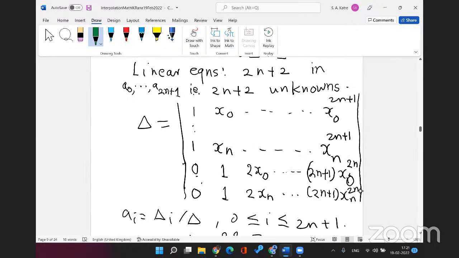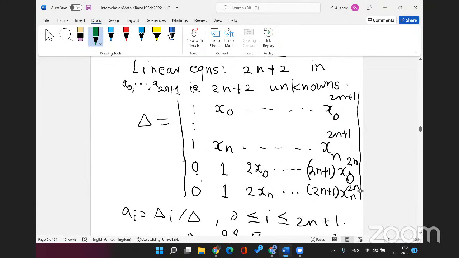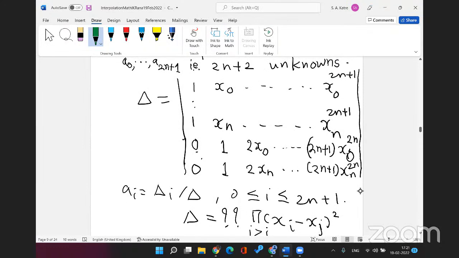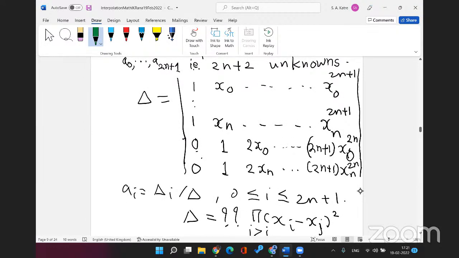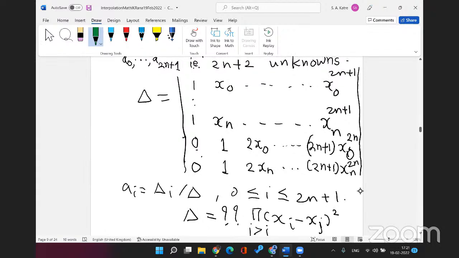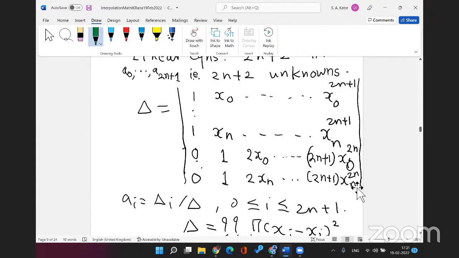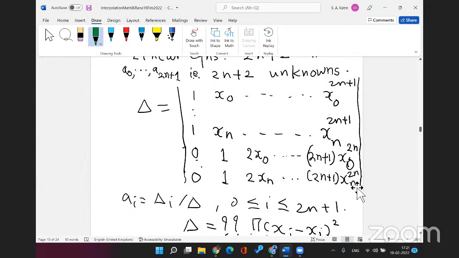Now, if the determinant is non-zero, then we can certainly have ai equal to delta i upon delta. So you may try to see whether you can show that this determinant is non-zero. But I assure you that it is non-zero, whenever x0, x1, ..., xn are distinct. If you look at the first n plus 1 rows, then xi minus xj is a factor there.